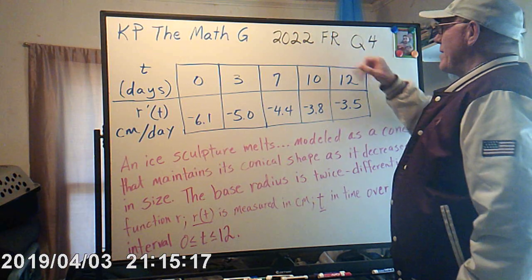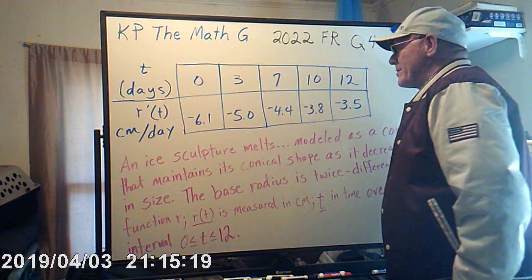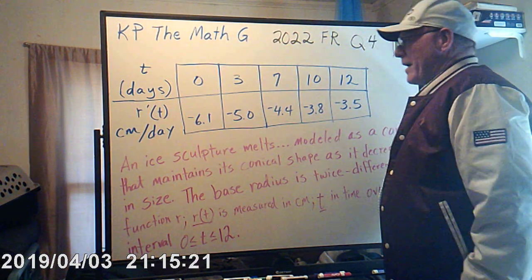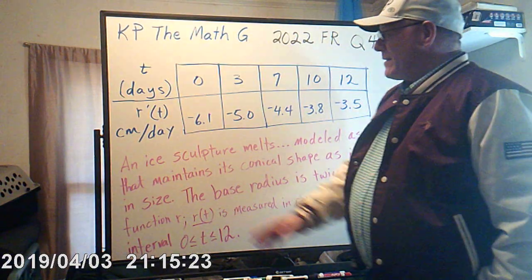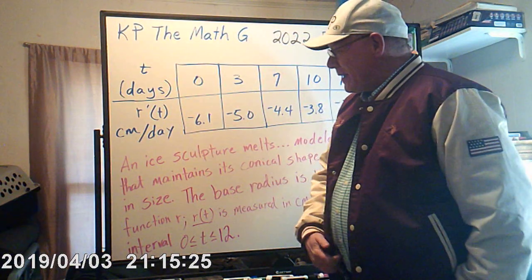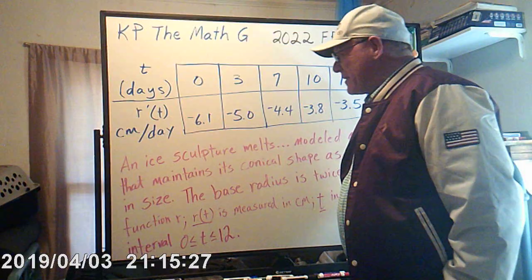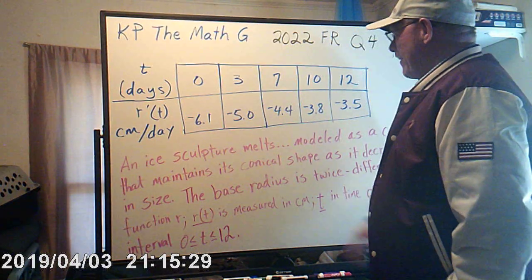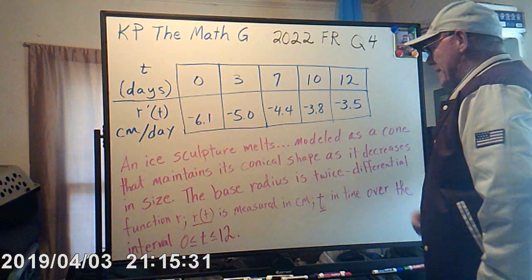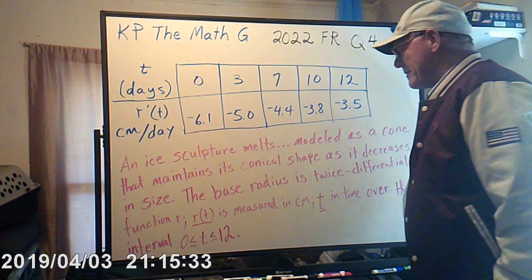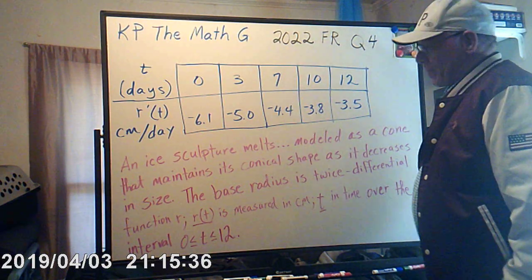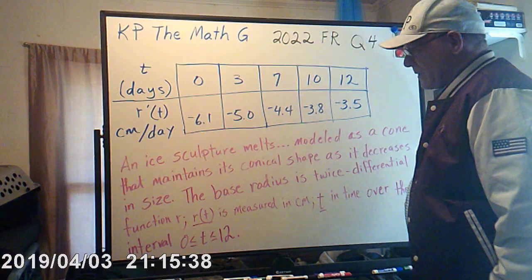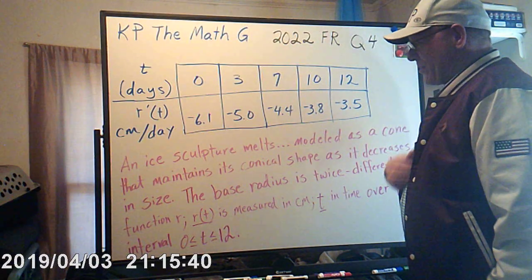We're looking at the 2022 free response question number 4. T is in days, R prime of T is given in centimeters per day, and this is the table that we're looking at. It talks about an ice sculpture.